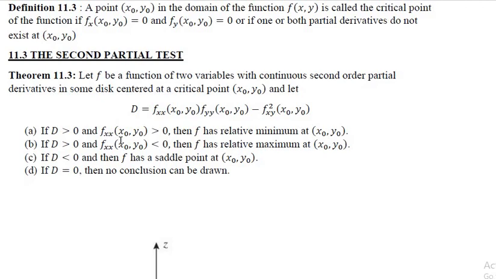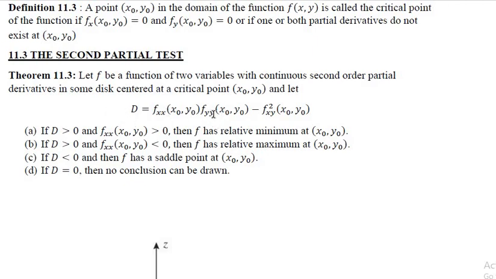If D greater than 0 and fxx at x0, y0 greater than 0, then f has a relative minimum at x0, y0.